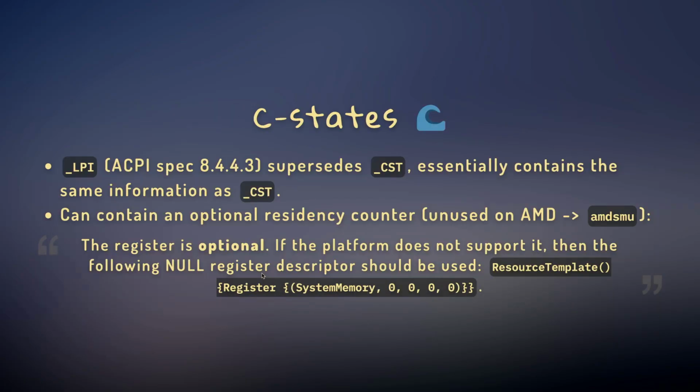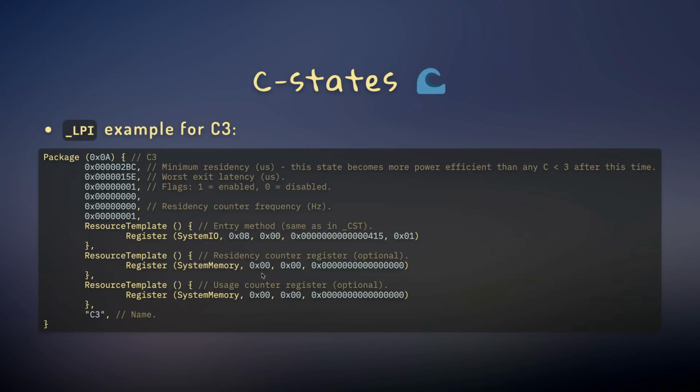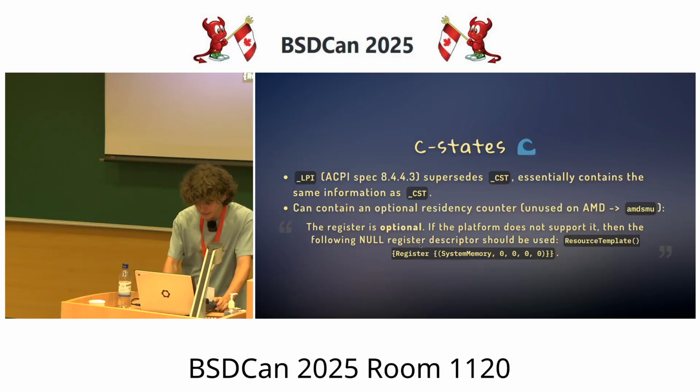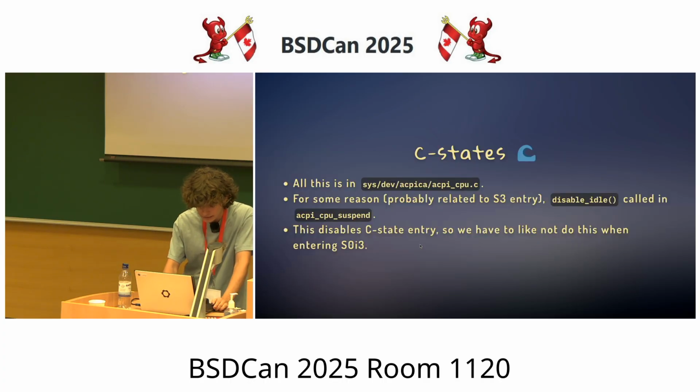The equivalent to this is LPIs, which basically have the same thing. It's just that some newer systems don't have CSTs, and some older systems don't have LPIs. But it's the same idea. The LPI things can contain a residency counter, but this isn't used on AMD, so let's forget about that and use the AMD SMU.